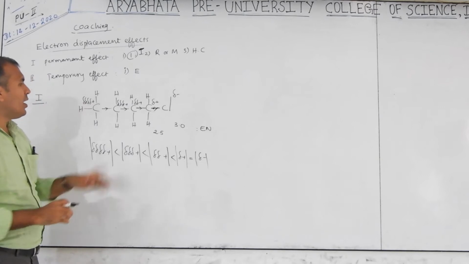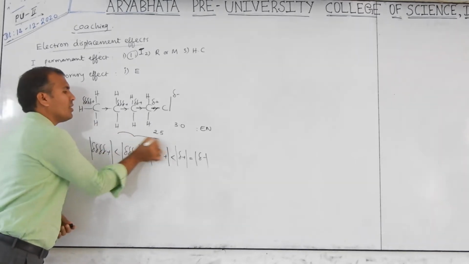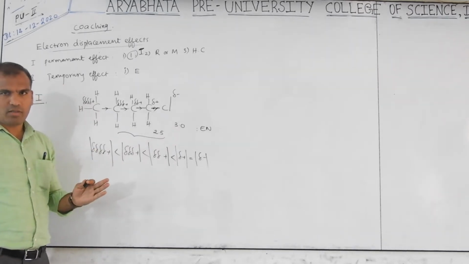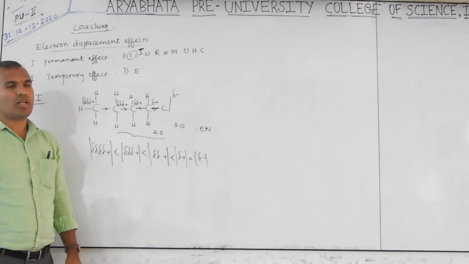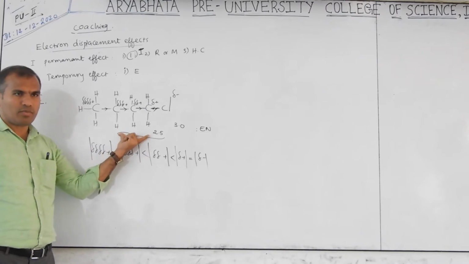So generally, the inductive effect is applicable up to 3 carbons. Up to here it is applicable. At the 4th carbon, it will disappear. The tendency to attract this bond pair of electrons towards a more electronegative atom is very less. So we can consider up to 3 carbons.